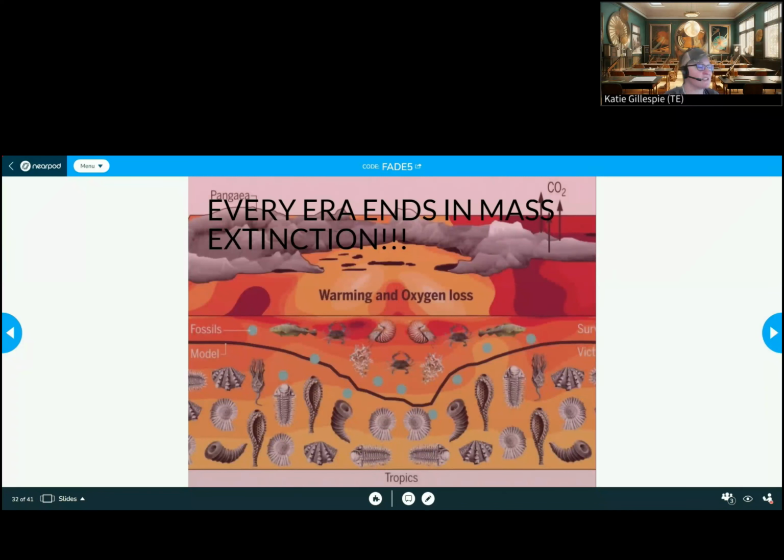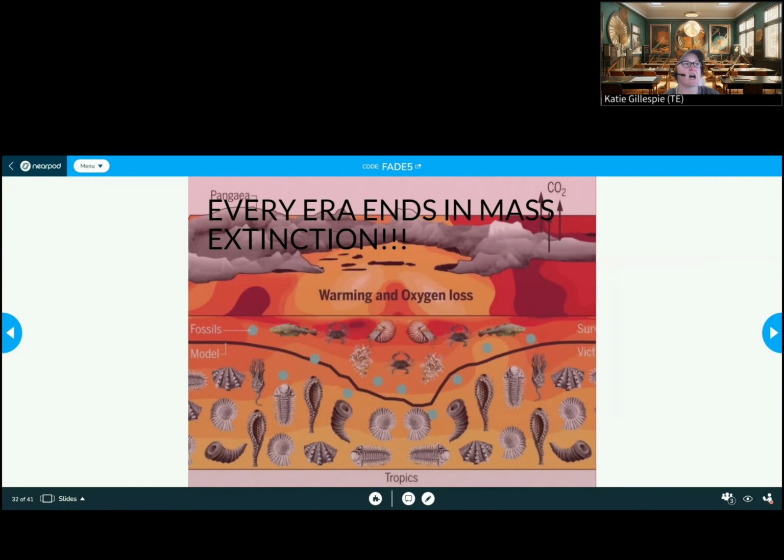That's the most widely accepted theory: we had this time of crazy plate tectonics, lots of shifts, Pangea coming together, forming increased volcanic activity, releasing all that carbon dioxide into the atmosphere, which is causing our atmosphere to heat up.